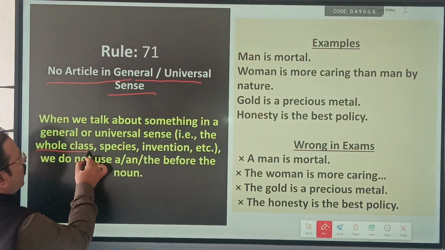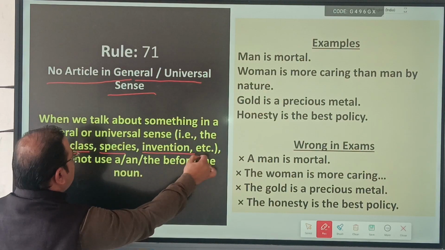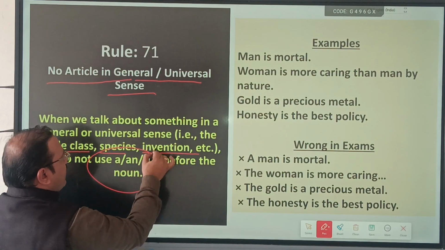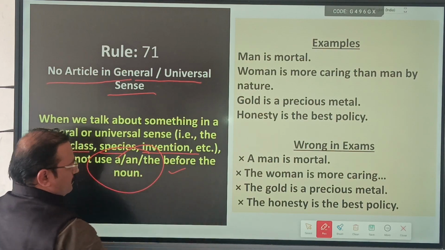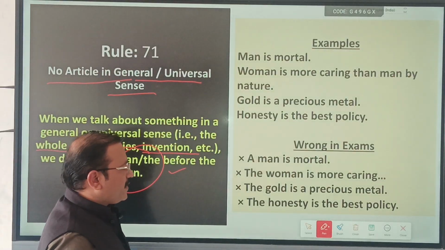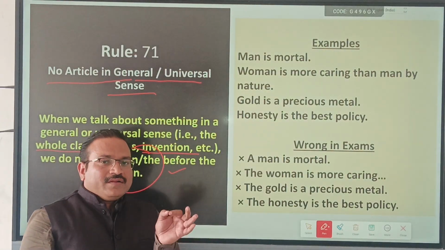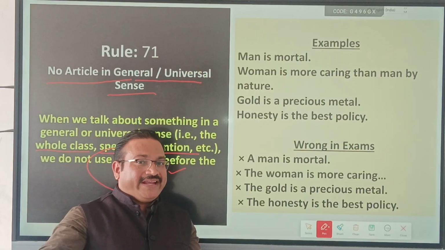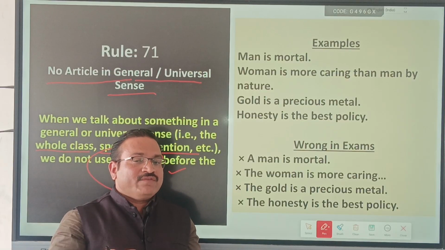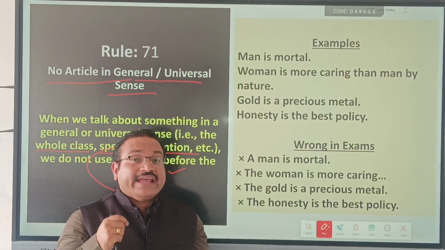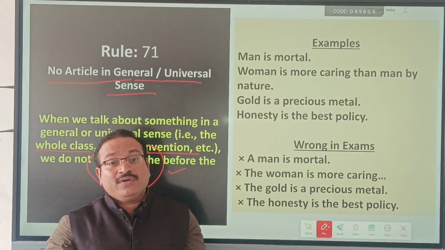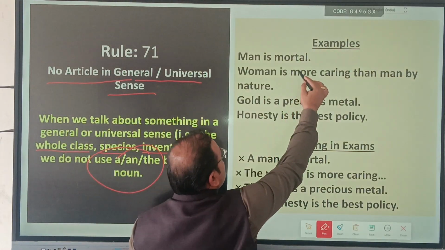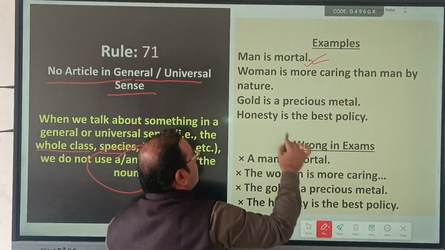They represent the whole class, species, invention, etc. And we do not use a and the before the noun. Remember, common nouns, when they are being talked in general, in universal sense, then we shall not use a and the before them. Example, man is mortal.